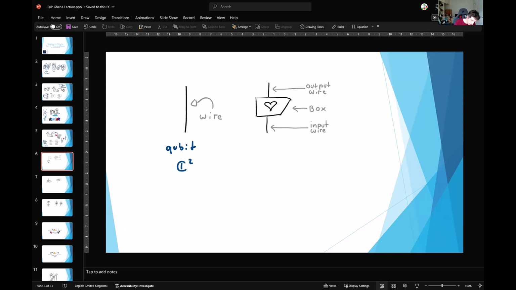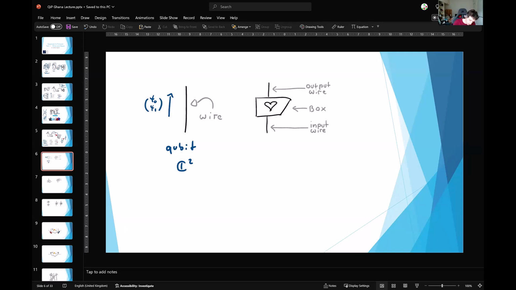So along a wire goes just a pair of two complex numbers, a normalized complex vector. That's what gets carried by the wire. A wire is simply a way to say something goes from one place to another. It doesn't really have any particular significance other than that.